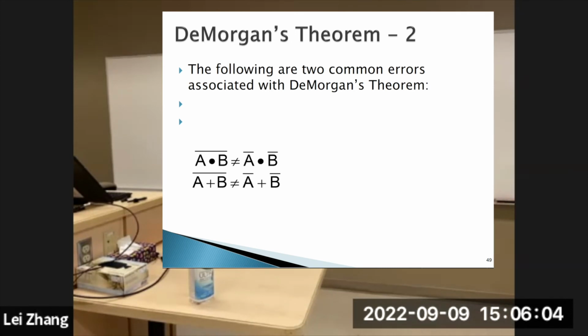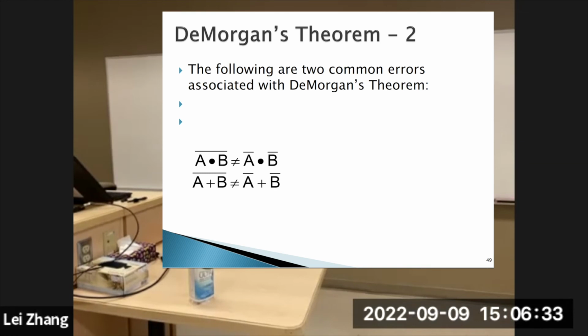How to remember that? A very easy rule to remember is to break the bar and change the sign. What do we mean by that? We break the long bar, which is the inverter. So this is NAND. We break that and then change the sign. The sign now is the AND sign; we want to change it to an OR.